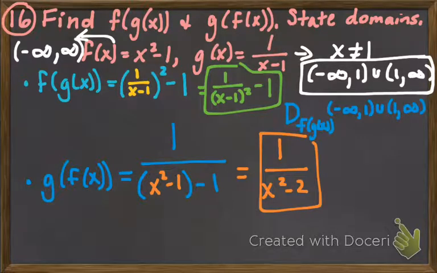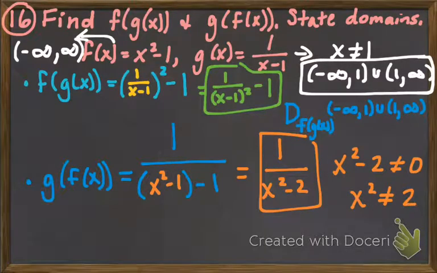So we know that x squared minus 2 is not allowed to be 0. So we set x squared not equal to 2 when we add 2 to both sides, and then that means that x cannot be plus or minus the square root of 2. So we have two restrictions because of this new denominator that resulted.